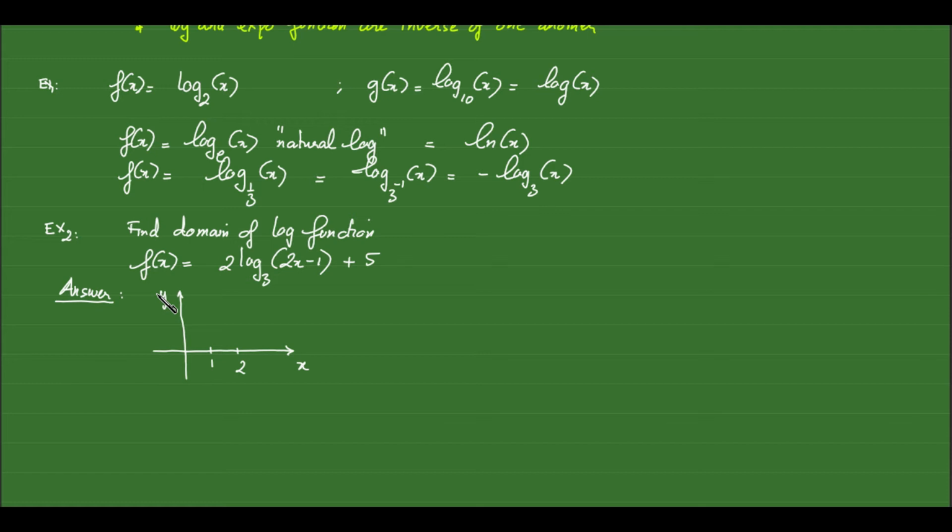If x equal to 0, I plug in here 2 times 0 is 0, so it doesn't work, right? If x equal 1, what happens? If x equal 1, 2 minus 1 is 1, and log 1 equals 0. So it looks like the curve is going to be something like this.